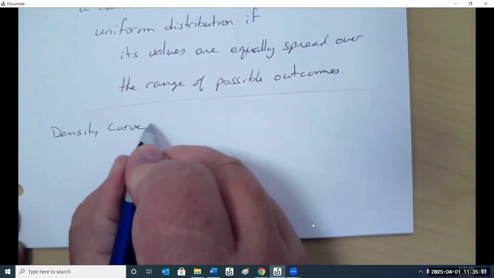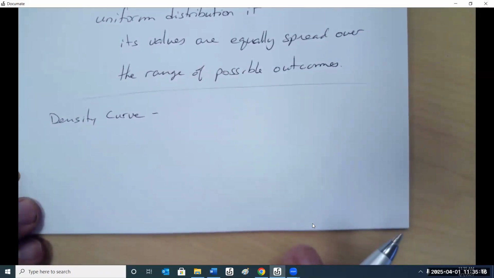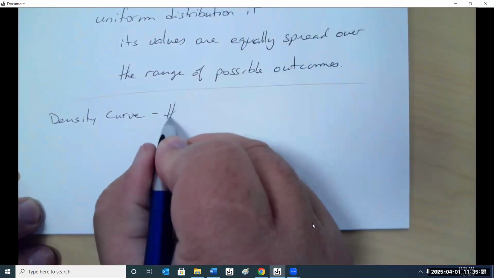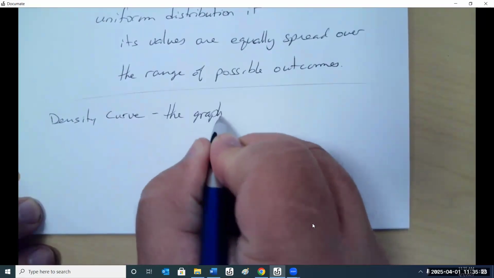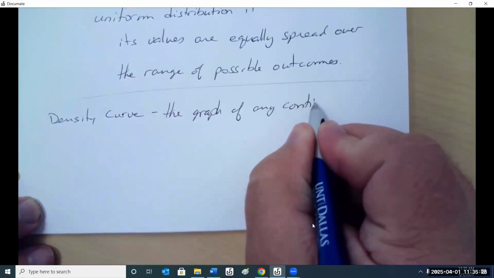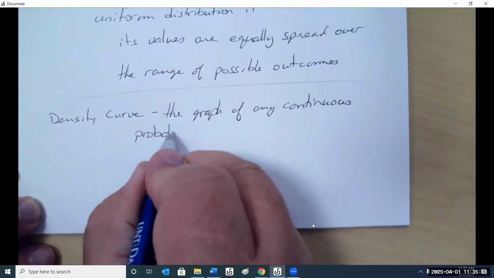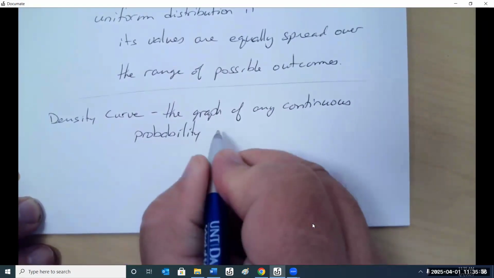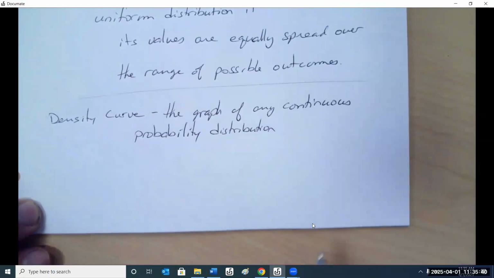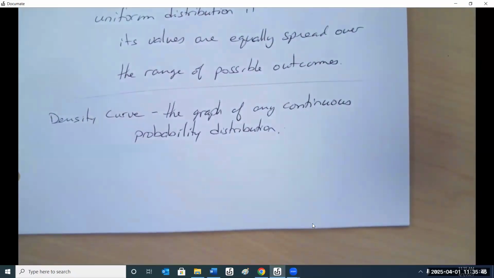Let's define density curve, because this is what we're going to be dealing with from here on out. The graph of any continuous probability distribution is called a density curve.